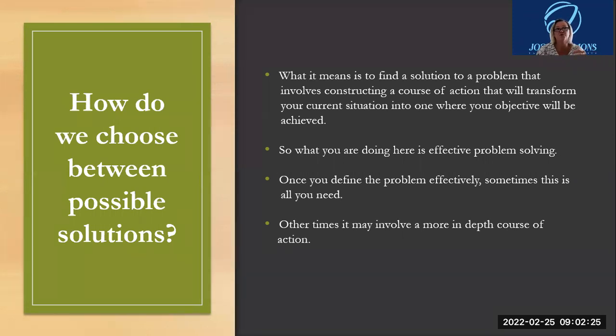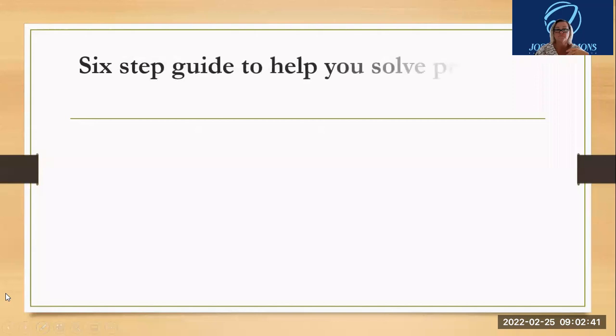Once you define what the problem is, sometimes that's all you need, and sometimes you need to go a little bit deeper and find another course of action to help you problem solve. So what I've got here is a 6-step guide to solving problems, okay?